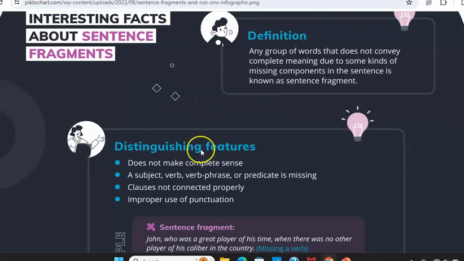There are several words that really might not make sense to somebody who's just trying to learn what a sentence fragment is. Such as maybe somebody doesn't know what a verb phrase is or what a predicate is. Maybe somebody doesn't know what a clause is. It assumes a lot of prior knowledge.